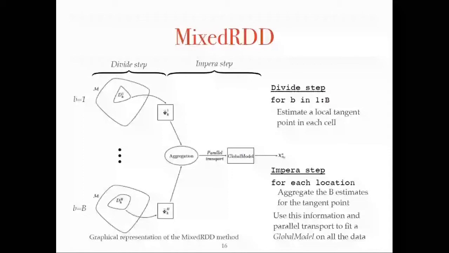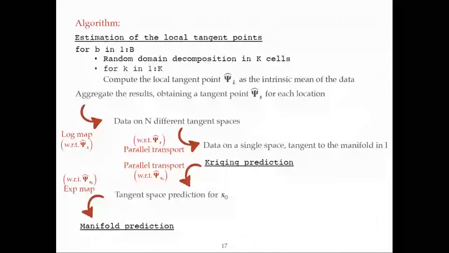As a common space where to project all the data and then run a global model analysis, we chose the space tangent to the manifold in the identity matrix. In these slides, there are the details of what I try to briefly summarize. It is worth underlining that this method performs a global analysis, but without losing the information about local patterns, which is captured by the field of fictitious tangent points.